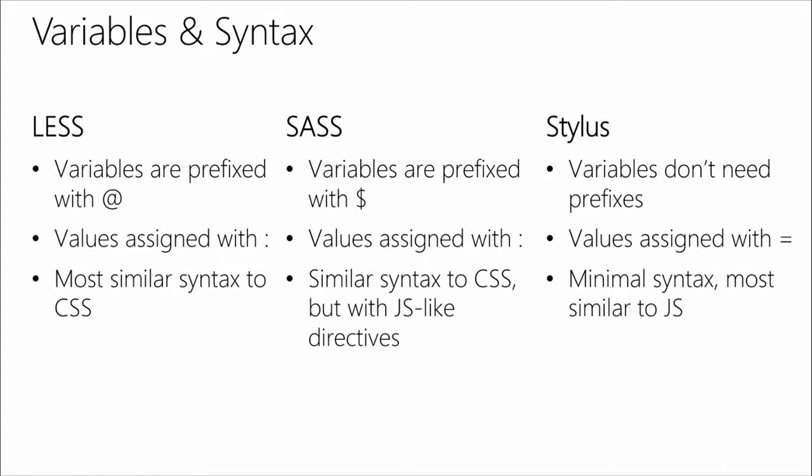But let's just start with Less for now. In Less, you can of course create variables, like you can in all these preprocessors, and you prefix your variables with an @ symbol, so you know that those are variables and not just properties. And you assign values to those variables with a colon, much like you do in CSS.